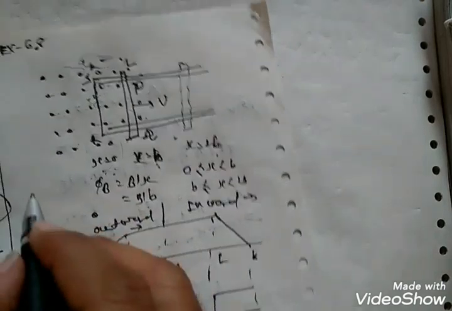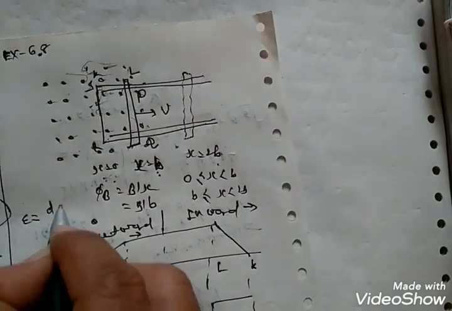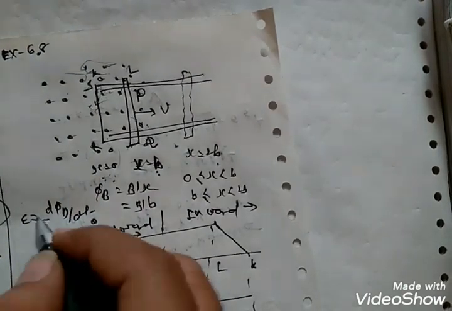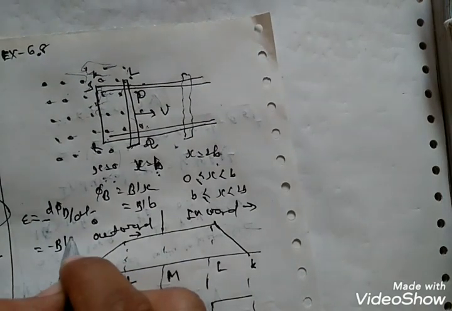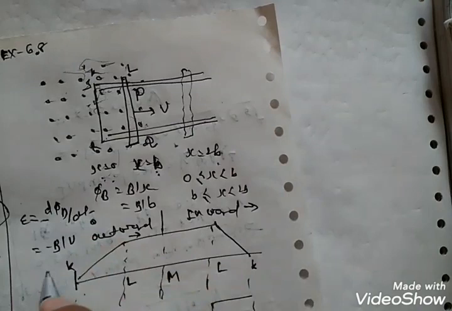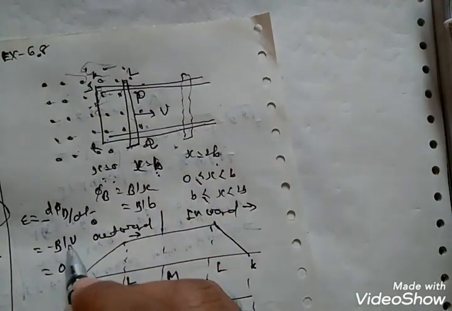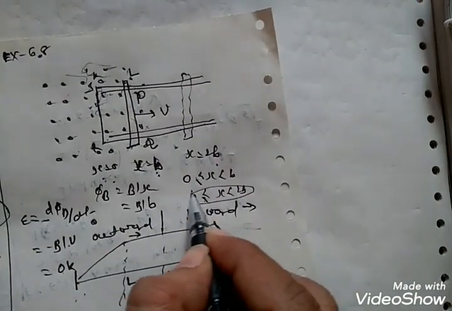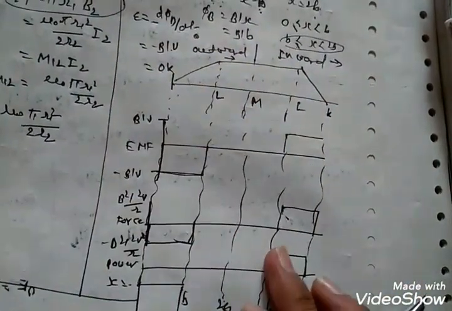So now in this case the induced EMF is minus d phi by dt, which is equal to minus BLv for the first one, and 0 for the second condition, as shown in this figure.